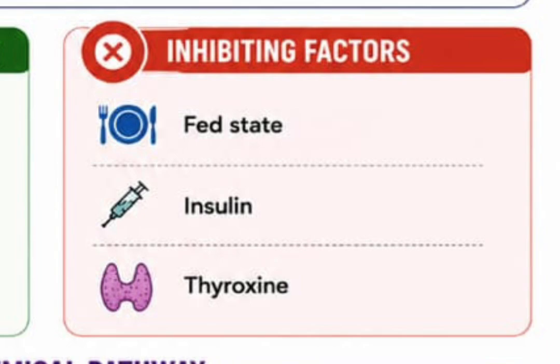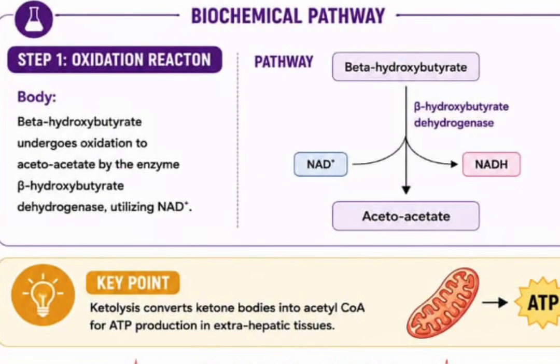If we are to move into the biochemical pathway, what will be the first step? Remember what we did in our last video: we reduced acetoacetate to beta hydroxybutyrate by oxidizing NADH to NAD plus, using the enzyme beta hydroxybutyrate dehydrogenase.